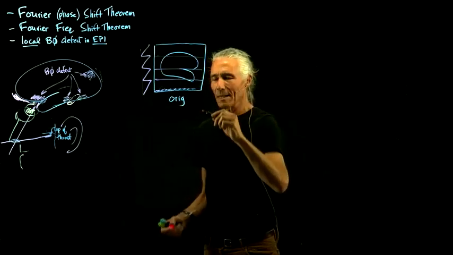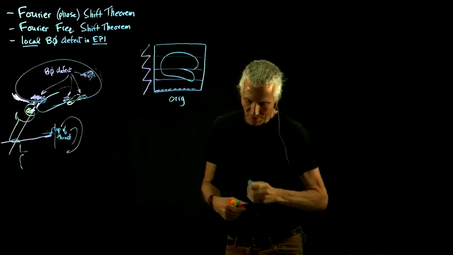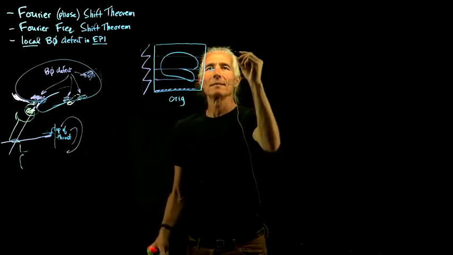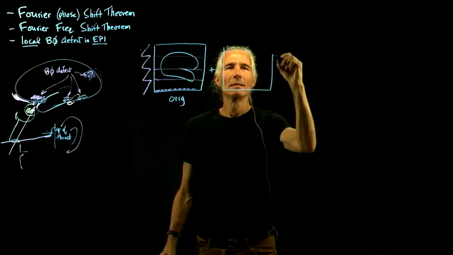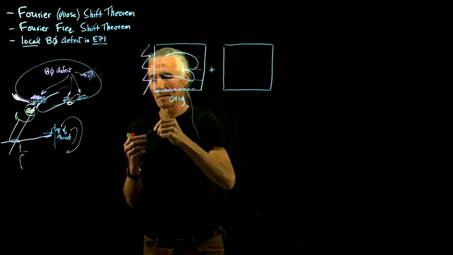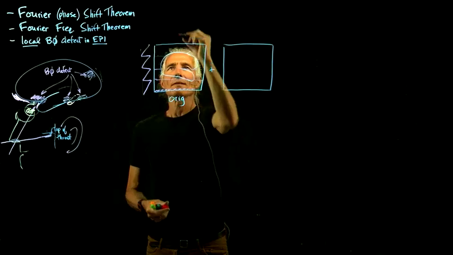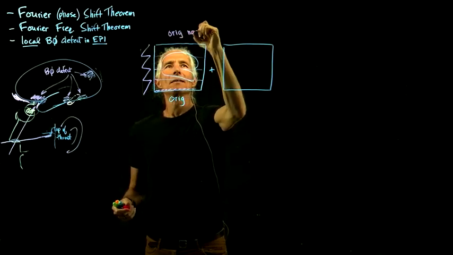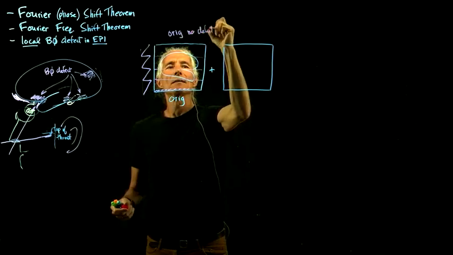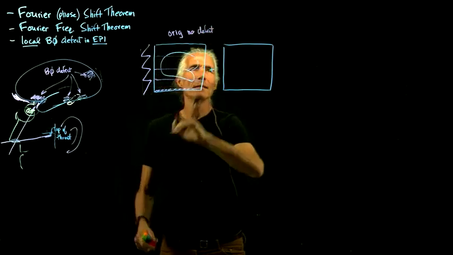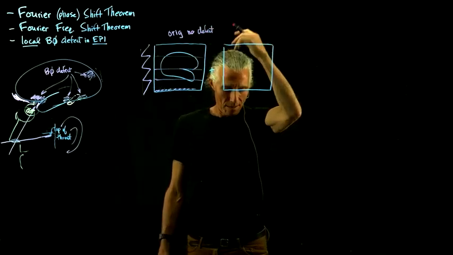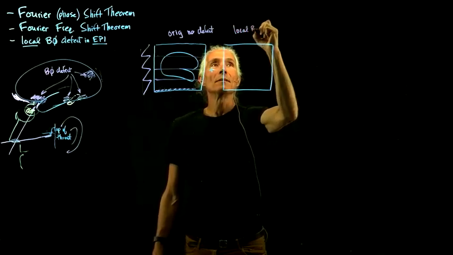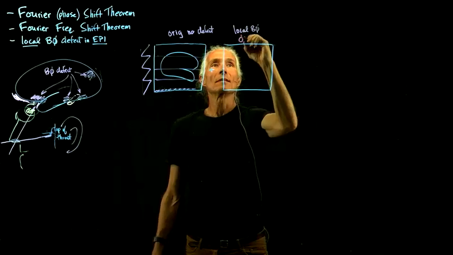Now imagine you have a B0 defect. So this is our original, no defect, and here's our local B0 defect.